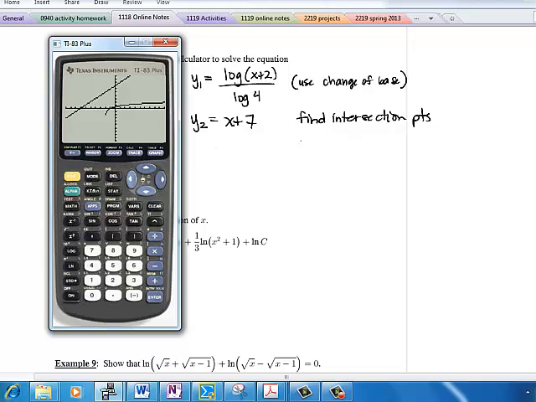Alright, so what you can see from this picture is that those don't actually intersect.